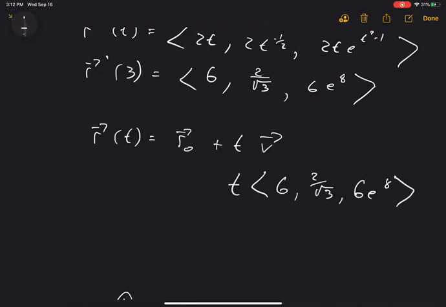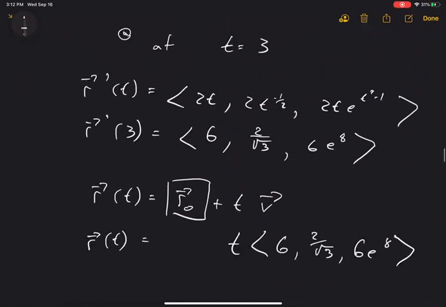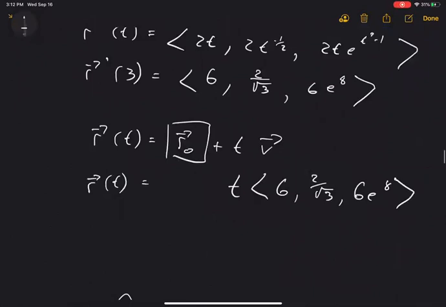And t is just going to be my variable. And r of t is just my left-hand side. So what I'm missing is this r sub 0. So what is that? That is a vector whose endpoint is on the line. I could think of that as a point on the line as well. So I need a point on this tangent line.